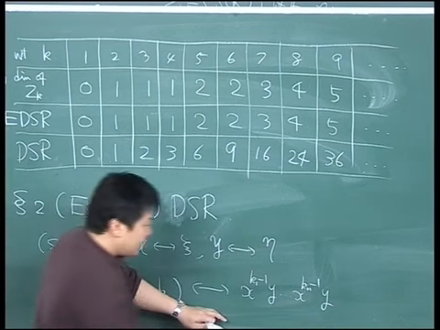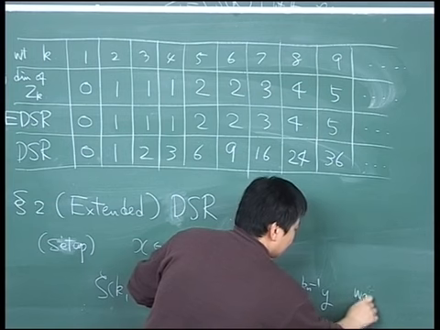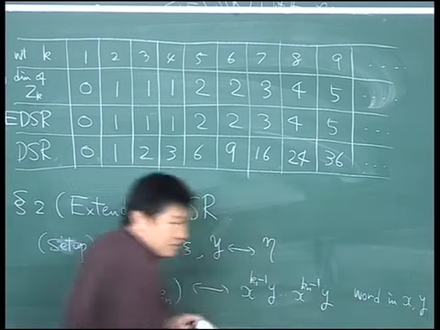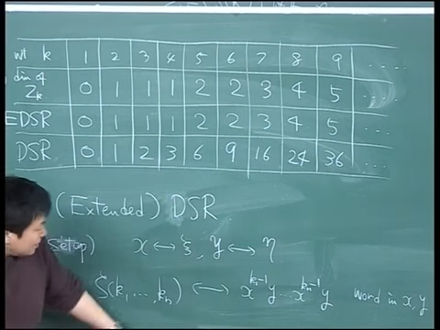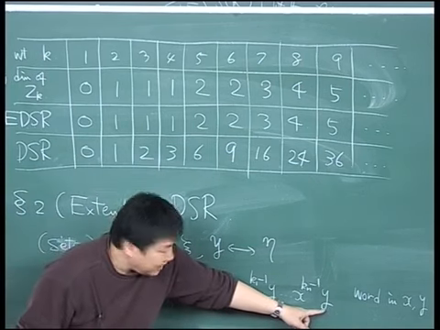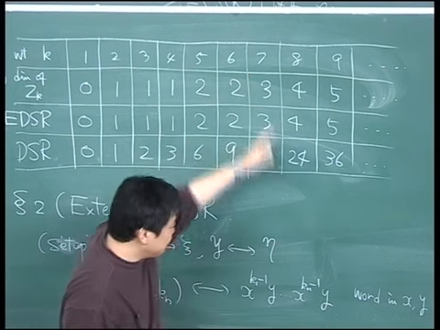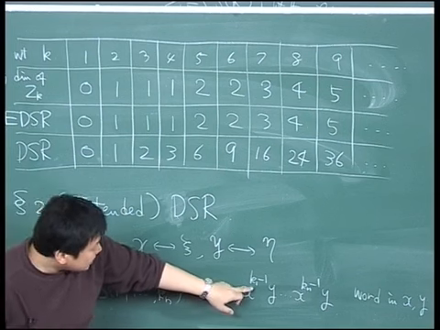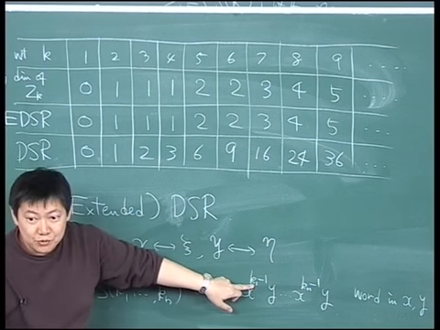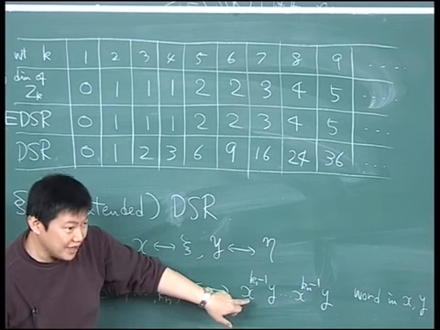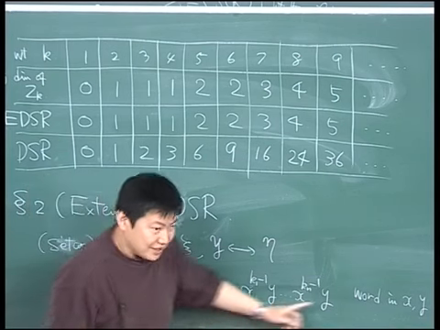This is just a word in two letters x and y. The word should end in y from the definition, and note that k1 should be larger than or equal to 2 for convergence. So the corresponding word starts from x and ends in y.